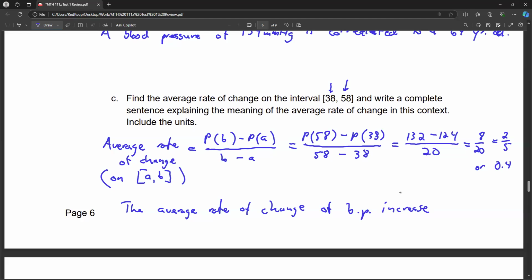The average rate of change of blood pressure increase per year is 0.4.